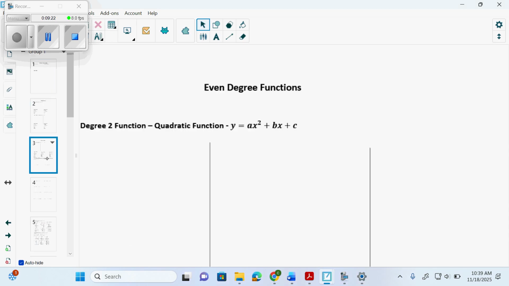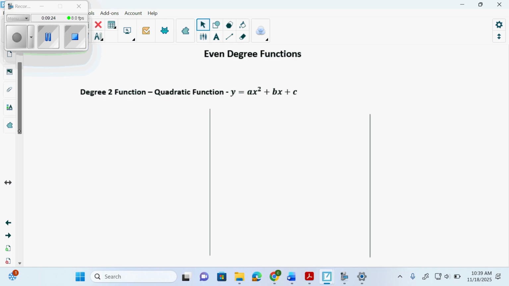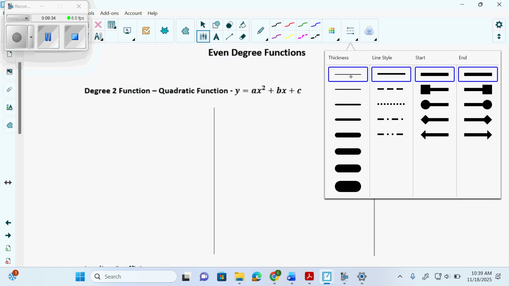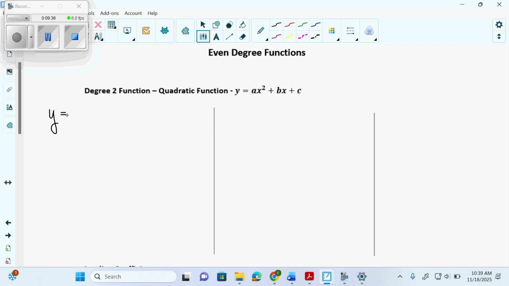So here we are, quadratic function. We're going to look at 3 of them. The first one we're going to look at is y equals x squared minus 3x minus 4.